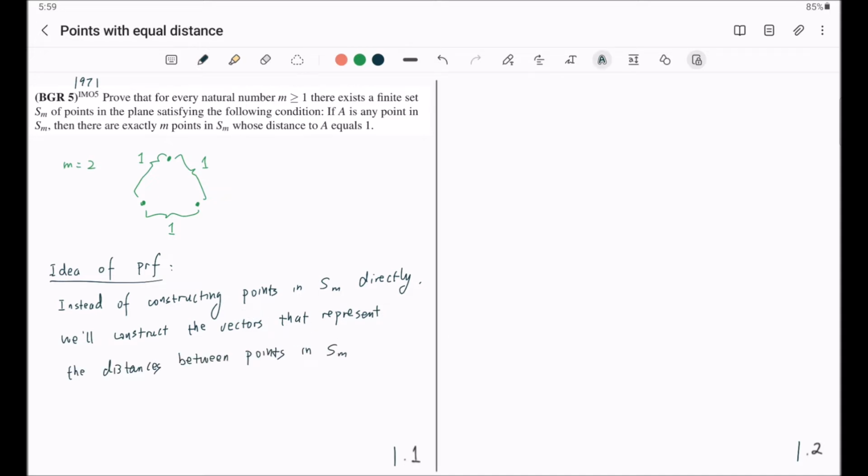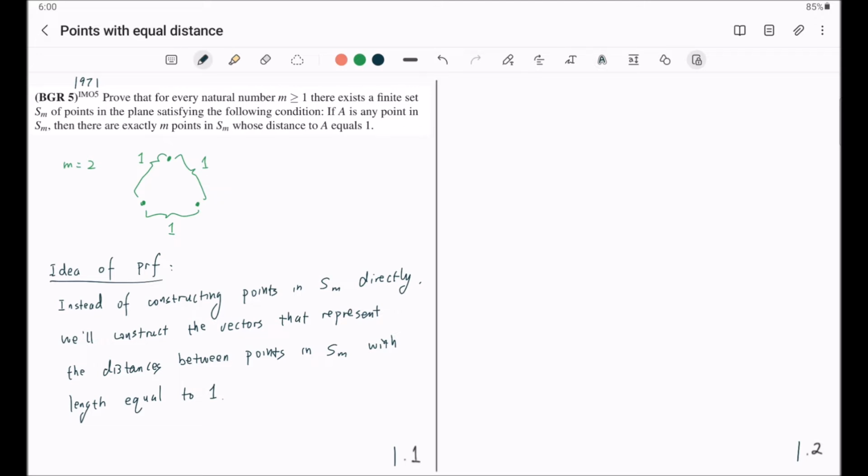And we don't look at all the distances. We'll just look at those distances with length equal to 1. And we'll do this by induction.